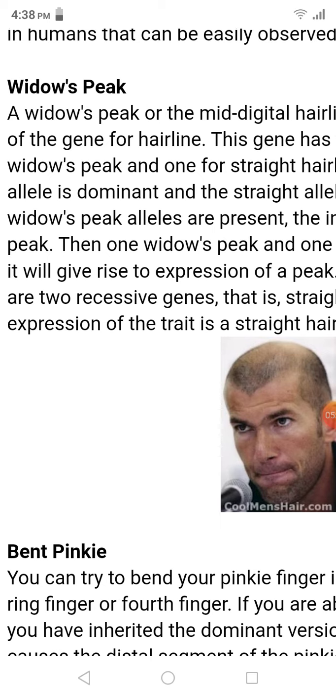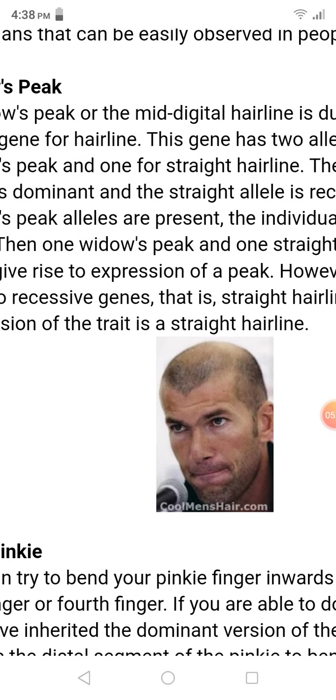So two of them, and you get one from each. And this is your outward expression of that basic DNA information showing up on the outside of your appearance.